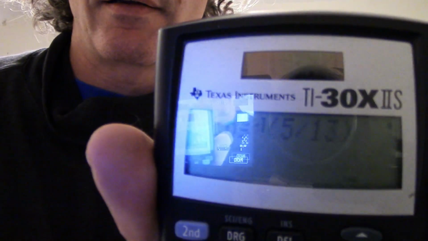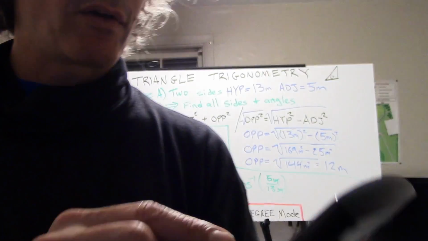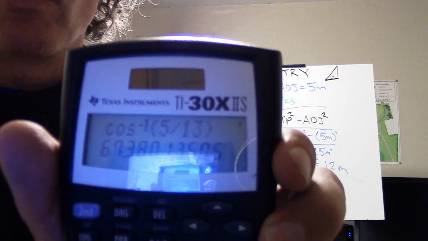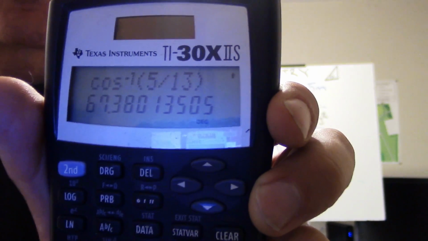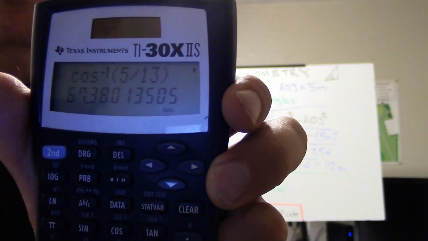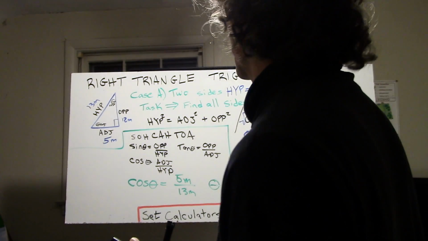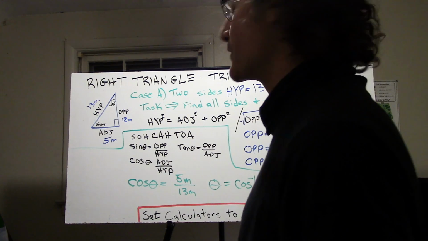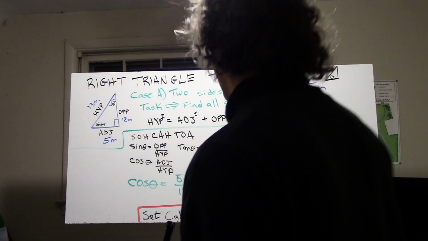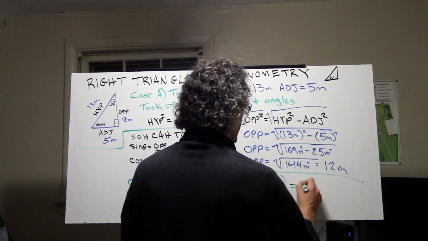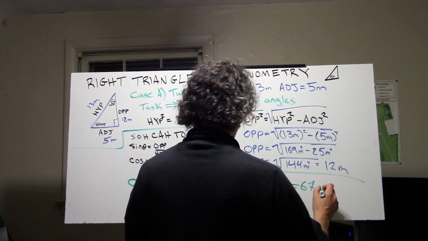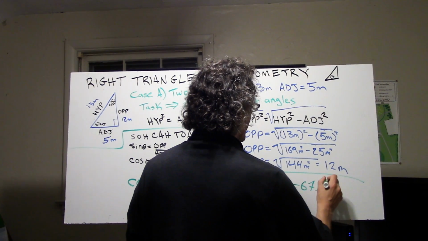There we go: 5 divided by 13, cos^-1, equals about 67.3 degrees is what it says. Okay, that's fine. 67.3, that sounds about right, actually. We'll talk about why that's logical in a little bit. About 67.4 degrees if I round it.